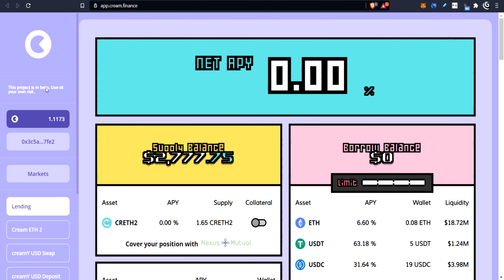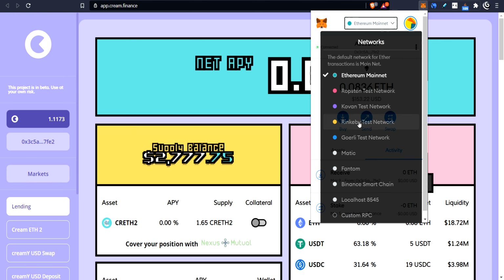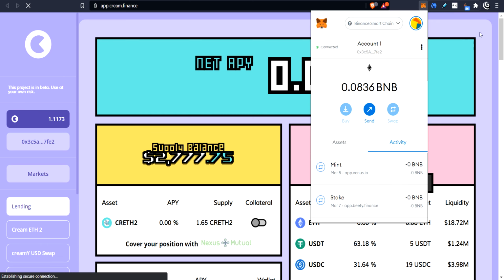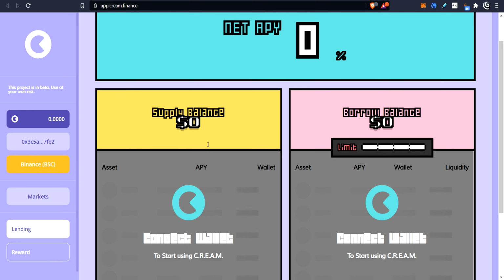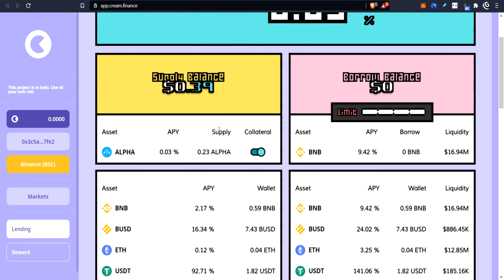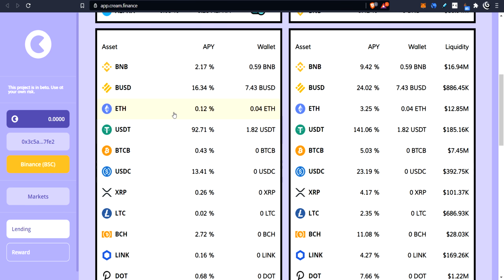Right now I'm connected with my Ethereum wallet, but if I go to MetaMask and change it to Binance Smart Chain, wait for this to load, you see it automatically switches over and starts to show me the assets on Binance Smart Chain. This is pretty clever. You don't have separate websites. Everything looks the same and familiar, but the asset pools are different.